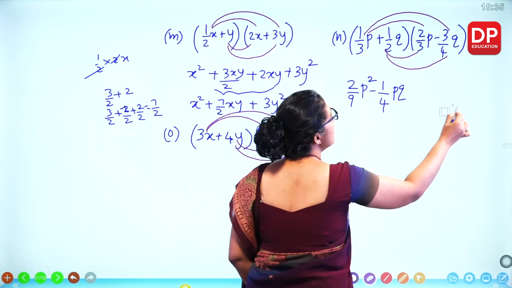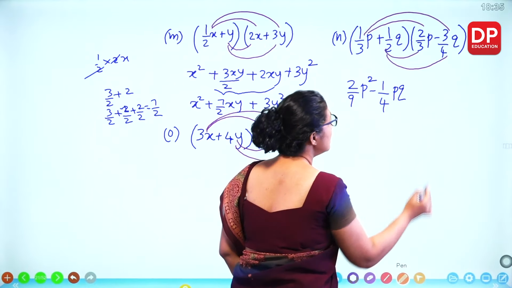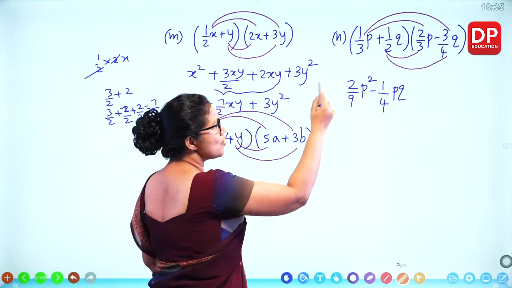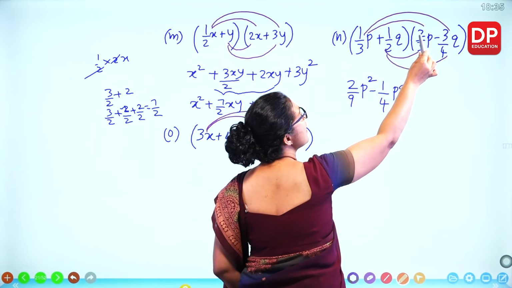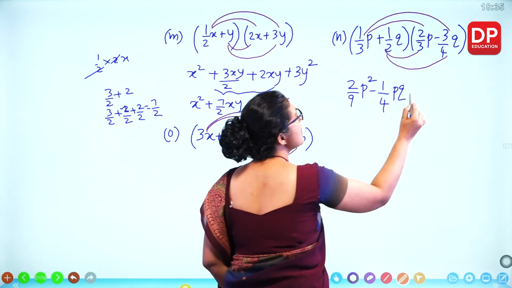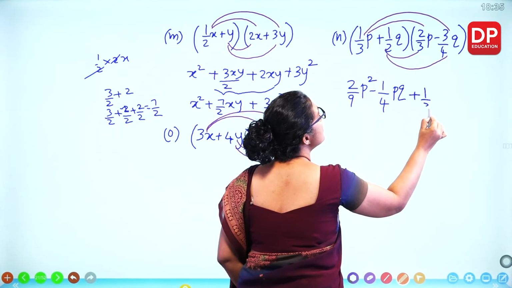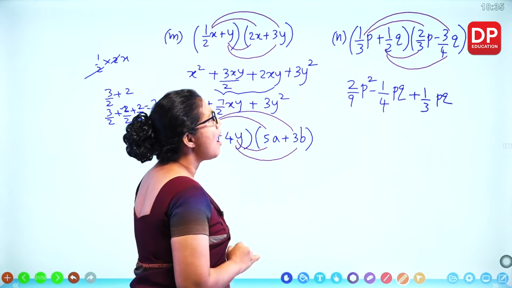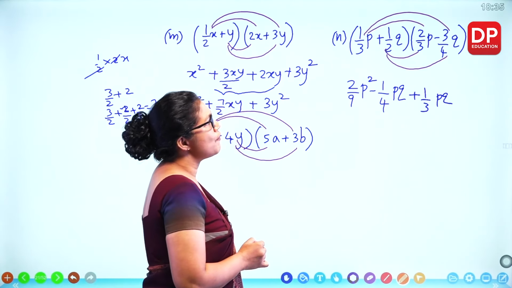What's the next one? Half q into 2/3 p. Here also we can see this 2 get cancelled out with the numerator 2. So what you get here? 1/3 pq. What's the last term? Half q into -3/4 q.